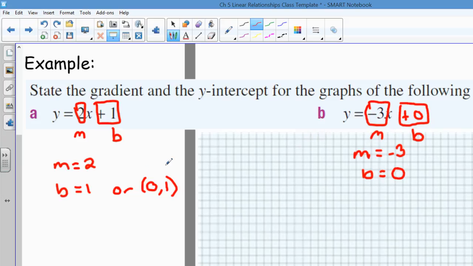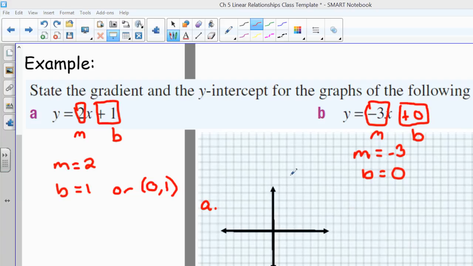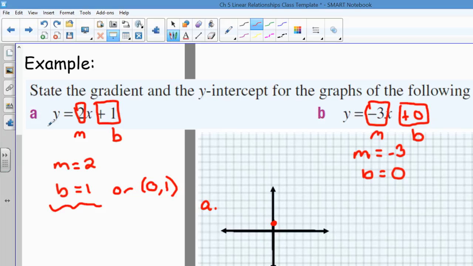So if I had been asked to graph the example in section A, let's go ahead and get a graph up here. So with this graph, I'm going to go ahead and start. I always start with my y-intercept. So my y-intercept is at (0, 1). That's my starting point. And then from that point, I'm going to use the directions provided in my gradient.